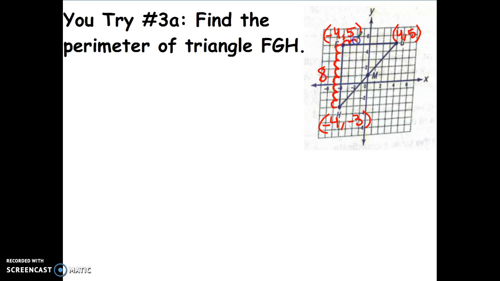And then the other one: 1, 2, 3, 4, 5, 6, 7, 8. So we have the length of 2 line segments. All we have to do is figure out the length of this third line segment, line segment GH. Those ordered pairs are (4, 5) and (-4, -3).